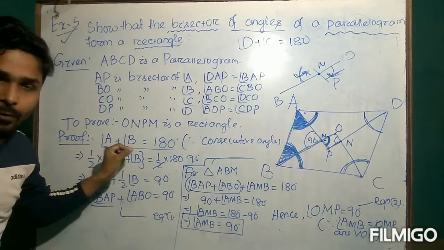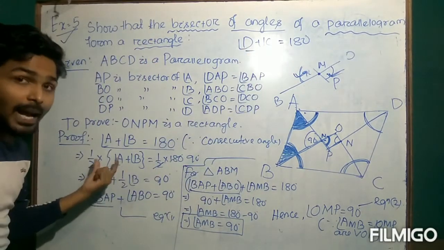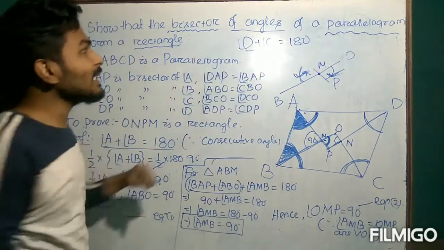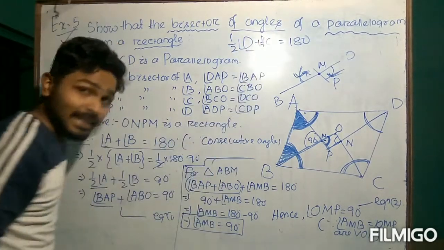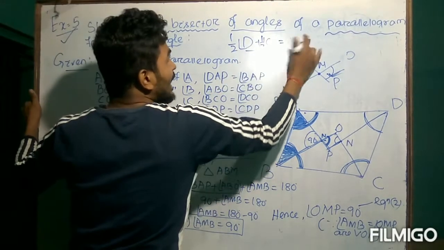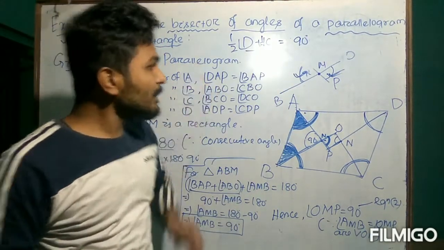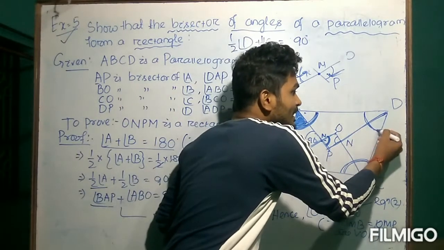Similarly, the same procedure is followed. Then what do we have to do? We have to multiply half to this side and to this side. Then what will we get? We will get half of D, half of C, and this one will again be 90 degree. Okay? So half of D means, since this is the angle bisector, we can write this angle.